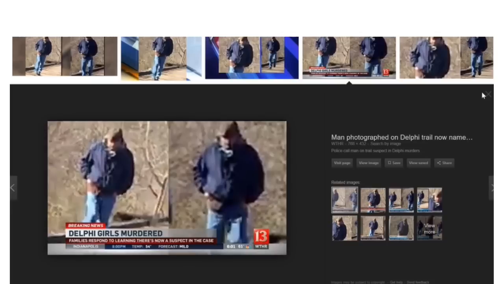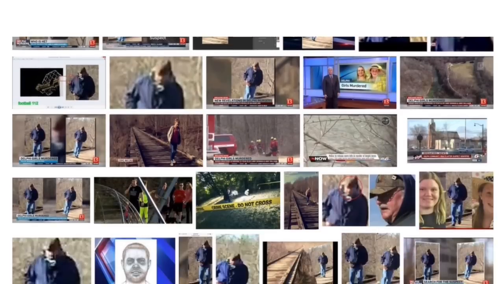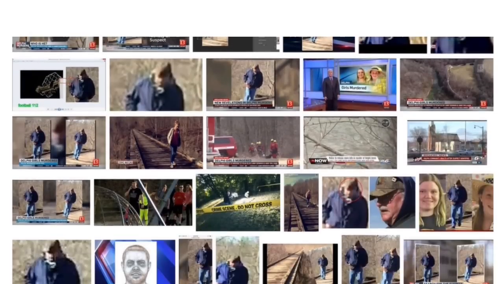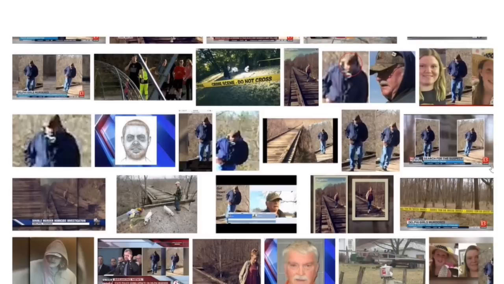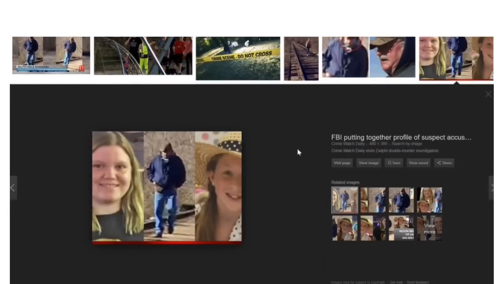So if you see him, if you know him, please call the cops, call the tip line. There's email addresses, and I'll put something down in the information as well, so you can see where to put your tips.